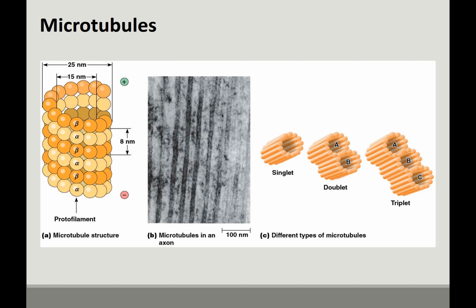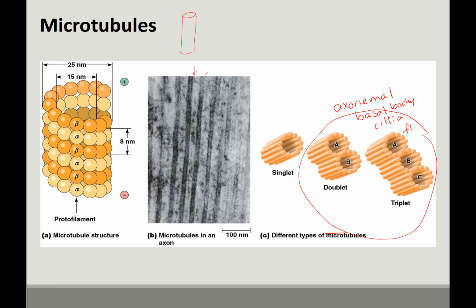So when we talk about a microtubule, we're talking about this whole big hollow structure, and you can see them here in an axon, and then sometimes the microtubules actually come together in doublets or triplets, and these are typical of what we call axonemal microtubules, and you will find these at the basal body and in cilia and flagella.